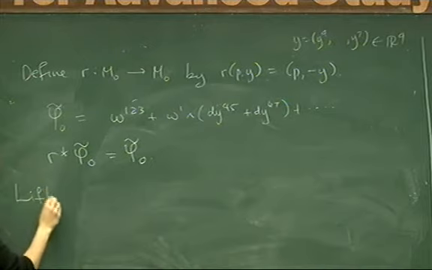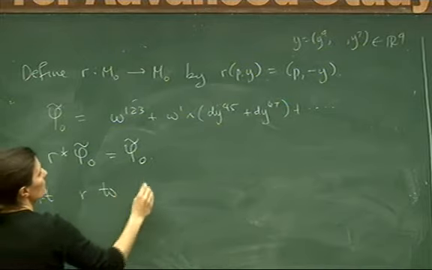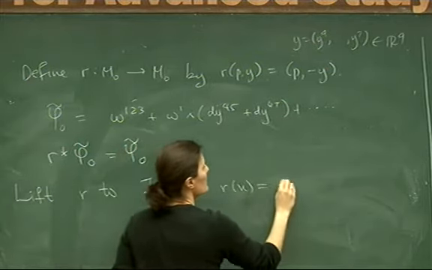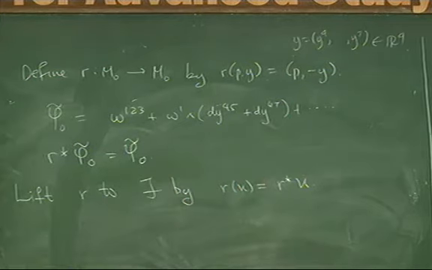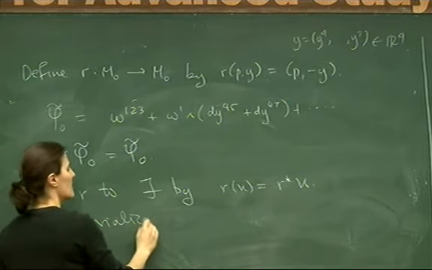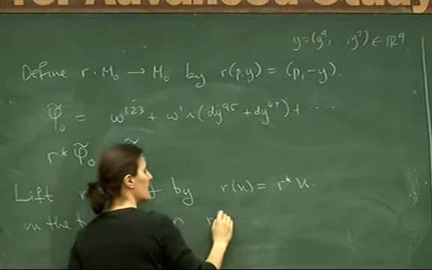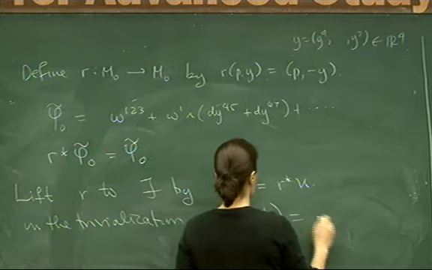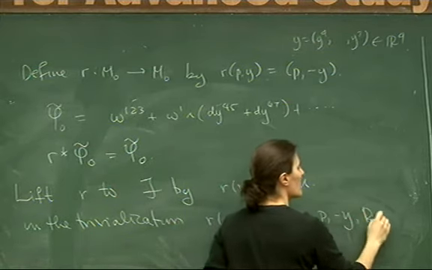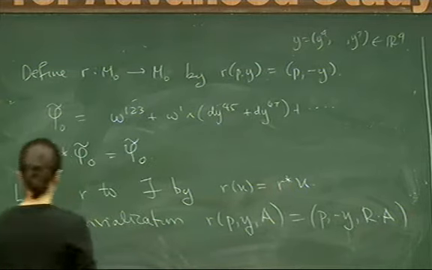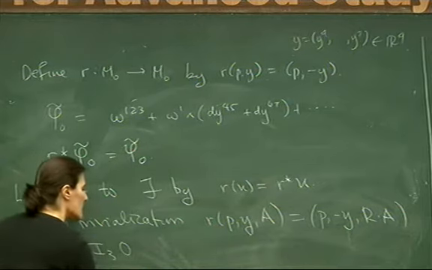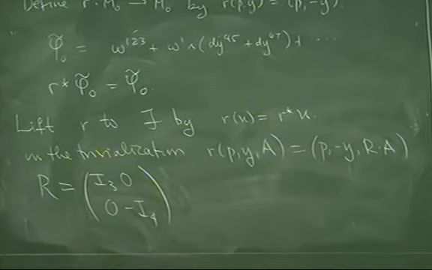And you can lift R to F by just defining R of U to be the pullback of U. In the trivialization, this is expressed as R of P, Y, A is equal to P, negative Y, R times A, where R is the I4, this matrix.